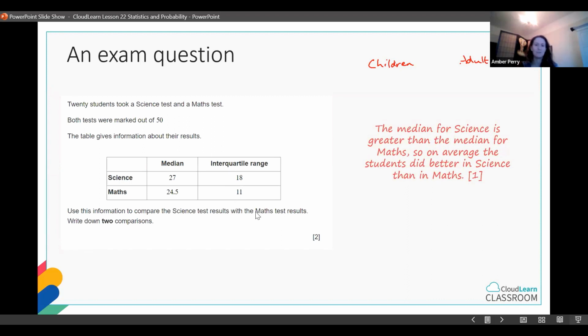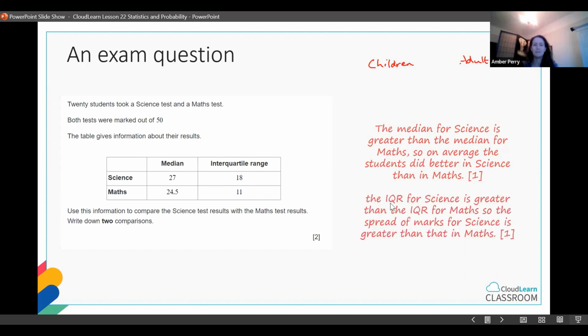They got closer numbers or more similar marks, okay? So you might write something like, the interquartile range for science is greater than the interquartile range for maths. So the spread or variation of marks for science is greater than that in maths. So again, don't worry about how you write it, but just getting that information down, okay? So hopefully that makes sense.